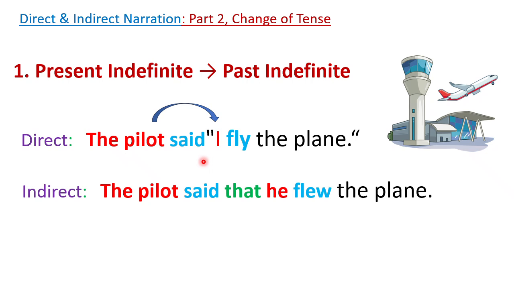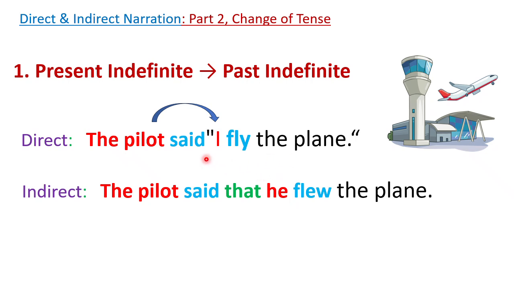So we will follow the rules. But if outside the verb is in the present tense or the future, for example, the pilot says or the pilot will say, then when we open the inverted commas there will be no change of tense, right? So please remember it.